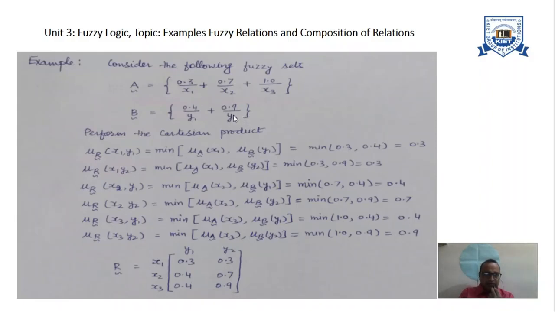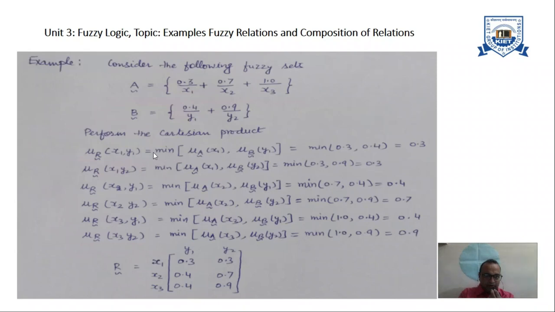So for the fuzzy relation R, we are finding the membership values of the ordered pairs x1 y1, x1 y2, x2 y1, x2 y2, x3 y1 and x3 y2 with the help of the minimum of their membership values. Once we make the Cartesian product of two fuzzy sets, that is, a relationship between them, we get the membership value with the help of the minimum function.